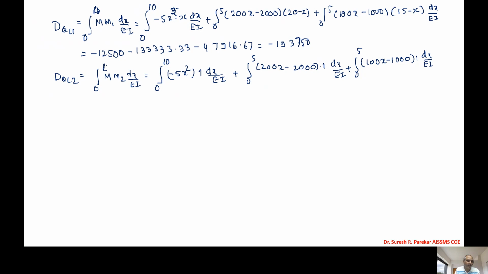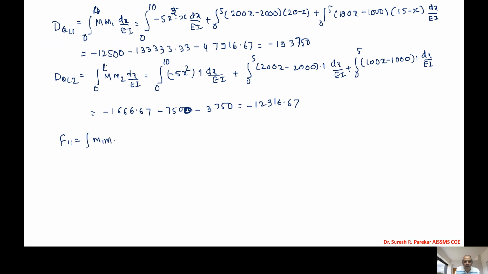And from this we will get this value, that is equal to minus 1666.67 minus 7500, sorry, 7500 minus 3750, equal to minus 12916.67.